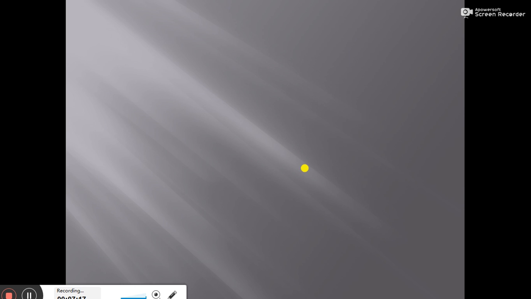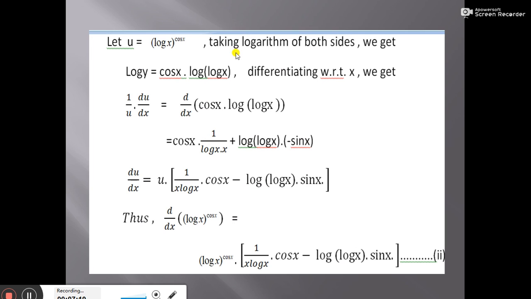Now say u equals log x raised to the power cos x. Then taking log on both sides and using the properties of log, we get log u equals cos x into log of log x. Then differentiating with respect to x, (1/u) du/dx equals the derivative of cos x into log of log x.